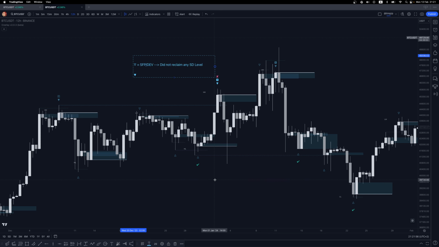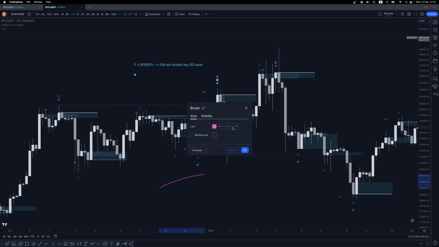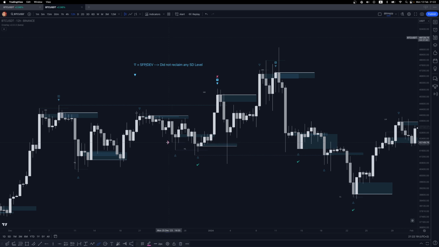So what do I mean by that? If you look here, let me give this a little arrow. There you go. Right, so we have this little hollow arrow here, right?